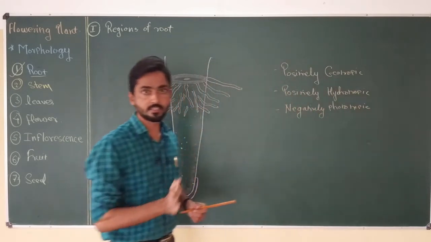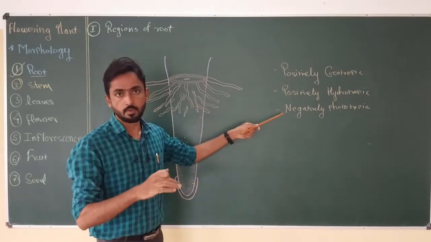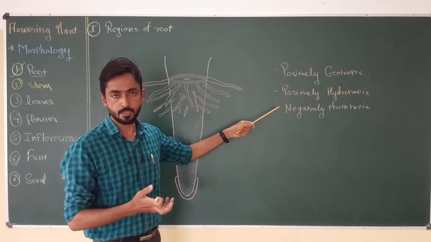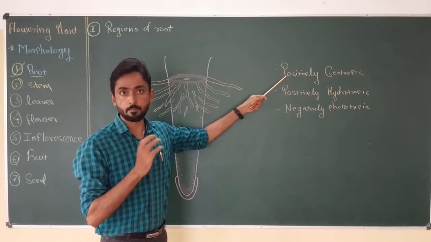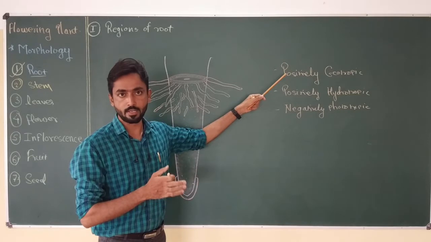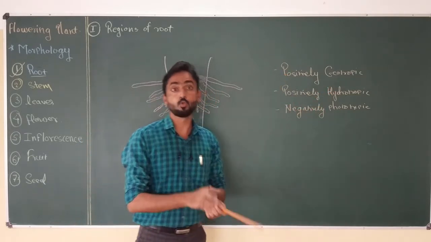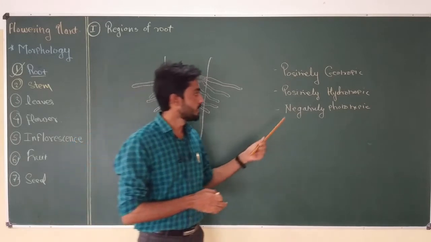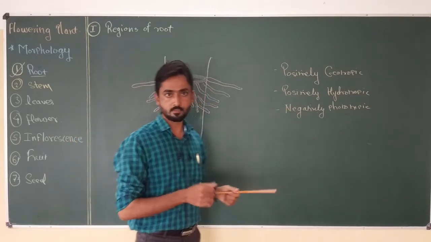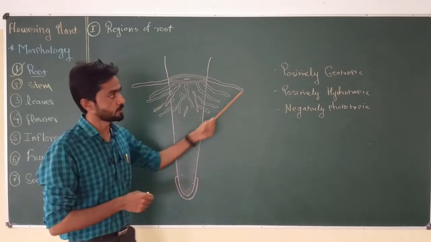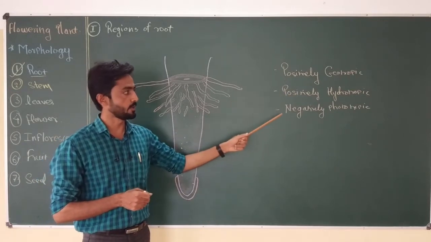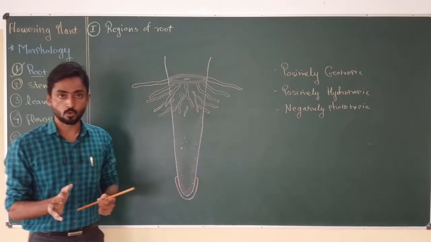If we consider stem, everything becomes opposite. Stem grows away from the soil, so it is negatively geotropic. It grows away from the water, so it is negatively hydrotropic, and it grows towards the sunlight, so it is positively phototropic. But in this case, we are considering root, so root is positively geotropic, positively hydrotropic, and negatively phototropic.